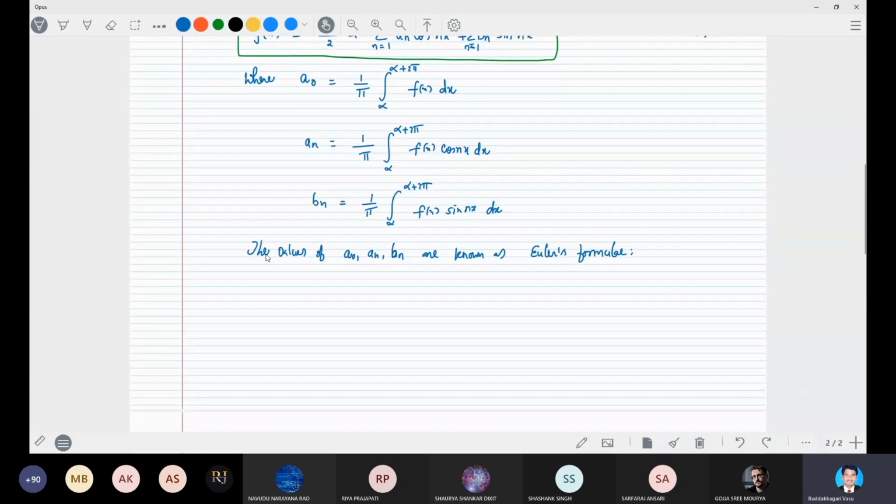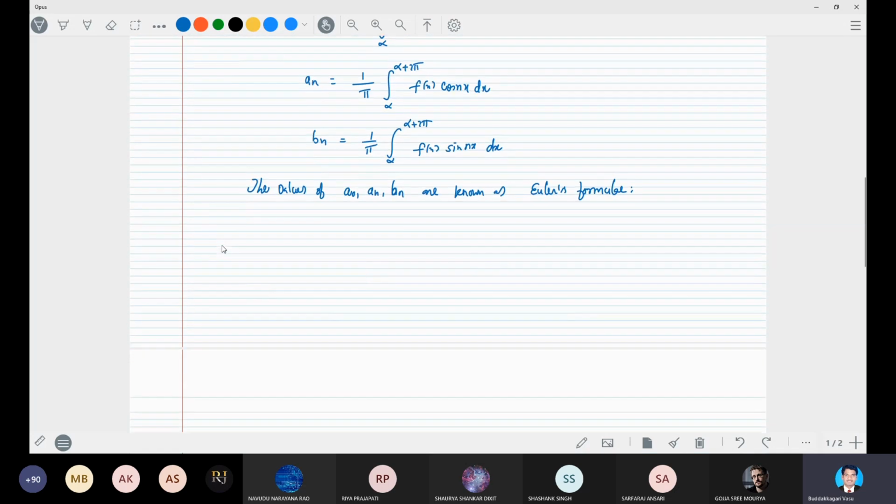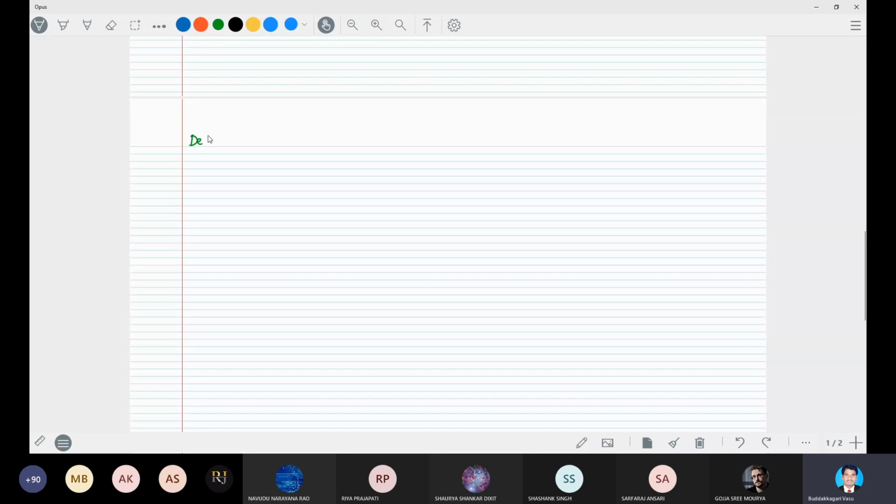So for the determination of the coefficients, write it here: determination of Euler's formula, that is a naught, a_n, b_n. First, finding a naught.